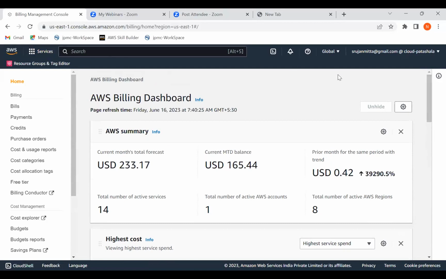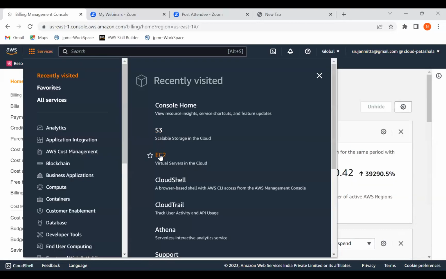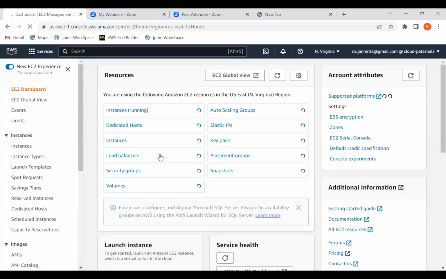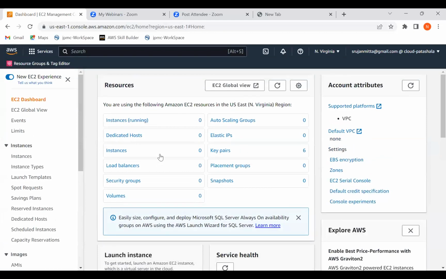Okay, and this is the EC2 console, where you will be able to create servers. In the AWS concept, the servers are known as instances. So these are the instances.